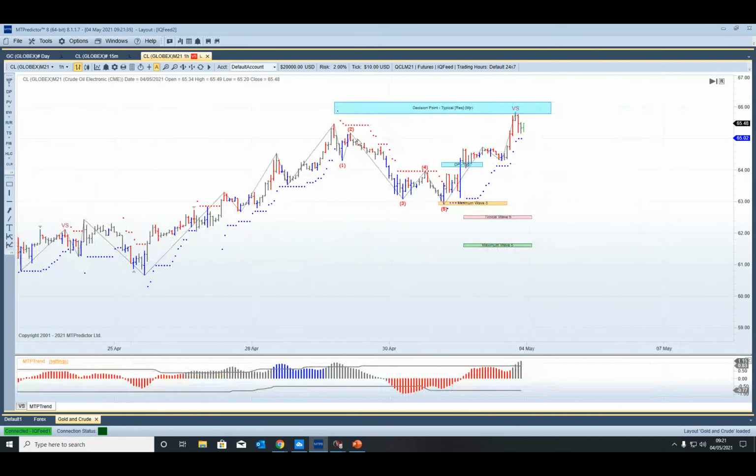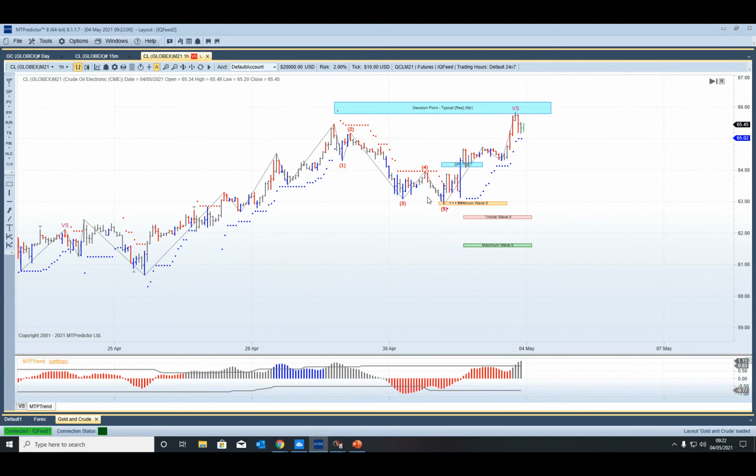But what we have is snippets, in here and then up to here, where the picture's absolutely perfectly clear. So that's the whole idea of MT Predictor. What we're looking to do is work with the market, doing the snippet when the market's clear. It's like driving in fog. Suddenly the fog moves and you've got an absolutely clear picture. Suddenly the fog comes down again and you're all confused.